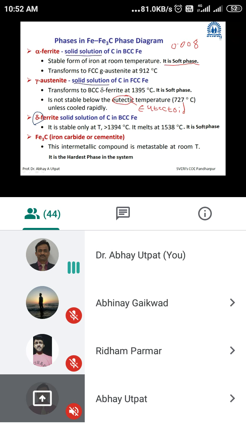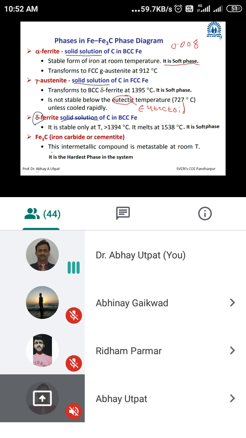So all are solid solutions, but cementite is a compound. So this is an intermetallic compound, metastable at room temperature. It is the hardest phase in the system.